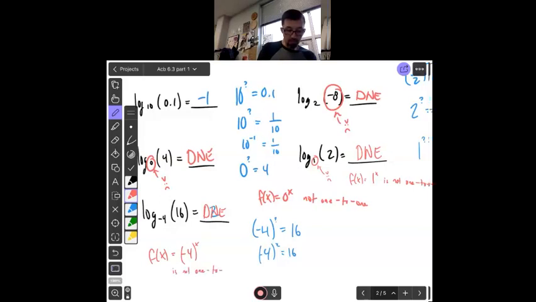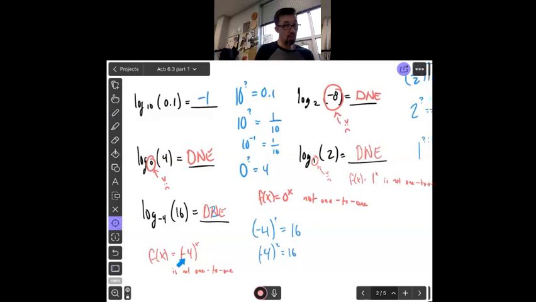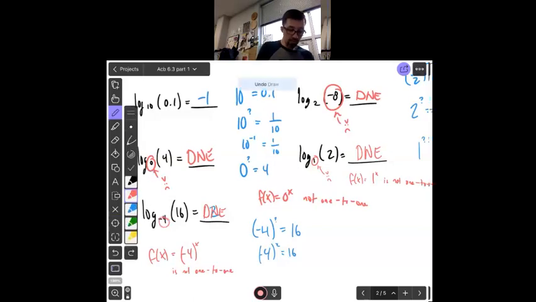When we defined exponential functions the other day, the bases of those had to be positive numbers. They couldn't be 1. We said that b had to be a positive number, and b couldn't be 1. And so in the same way, the bases of logs have to be positive, and they can't be 1.